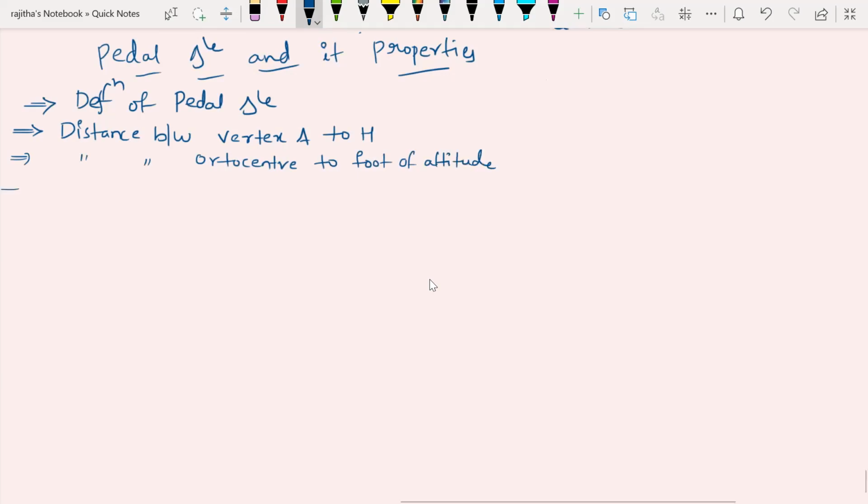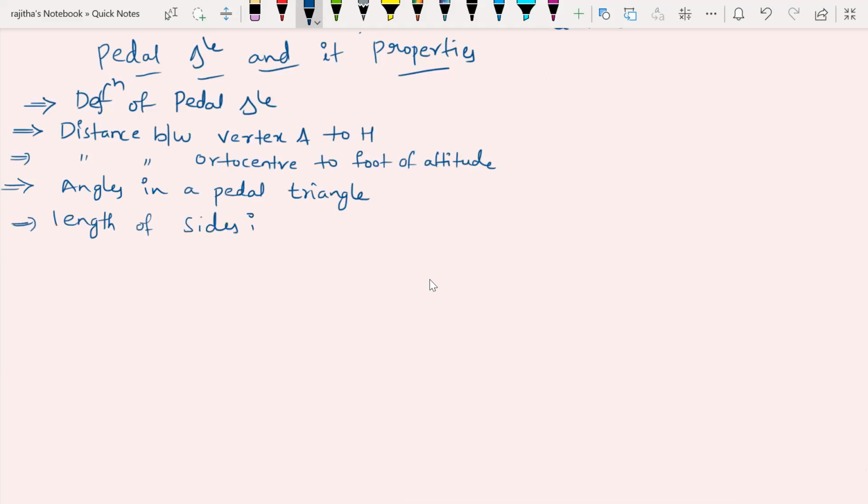After that, angles in a pedal triangle, after that length of sides in pedal triangle, after that area of triangle in pedal triangle. So these concepts I'll discuss.